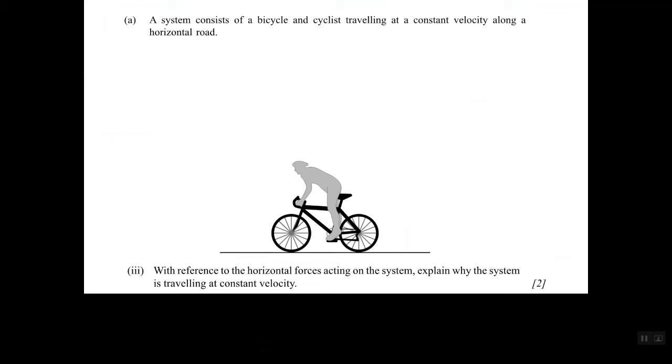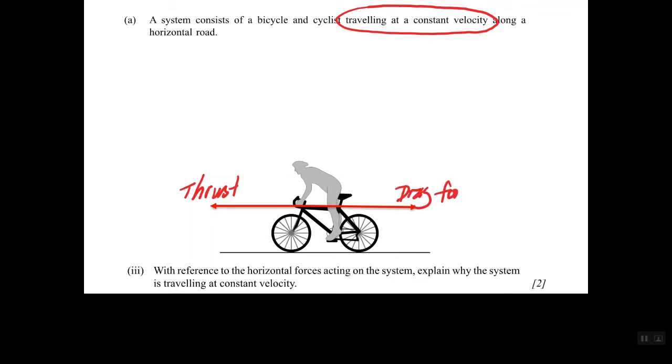We know that the system is traveling at constant velocity, but the question is why, with reference to the horizontal forces acting on it. Let's take a look at the horizontal forces. The forward force is thrust, and the backward force is drag force.